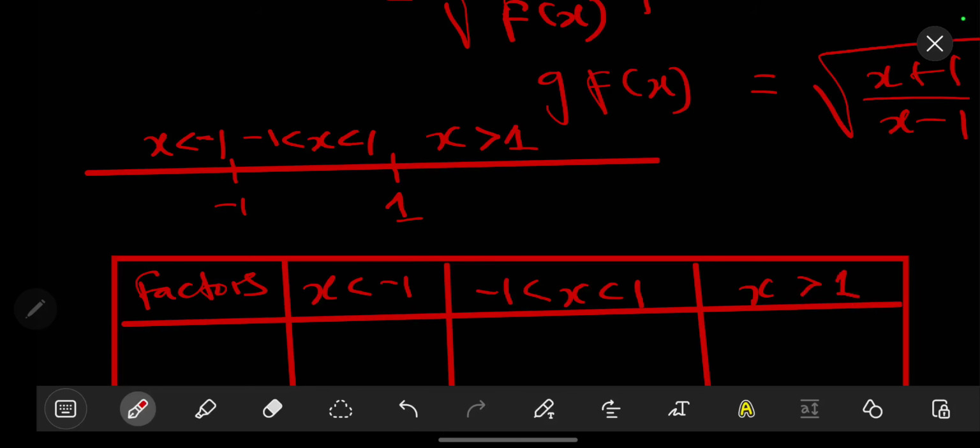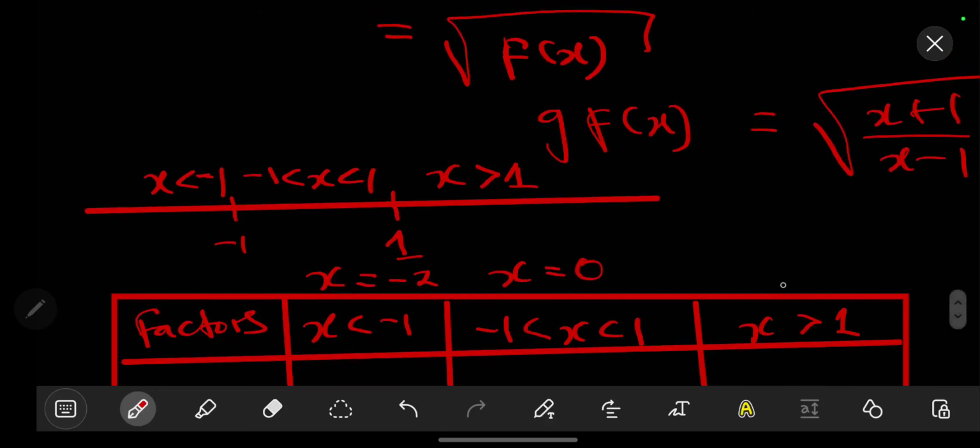If x is less than negative 1, x at this point can be equal to negative 2, or negative 3 is okay. From negative 1 to 1, we could have a value such as 0. Then if x is greater than 1, x can be equal to positive 2.